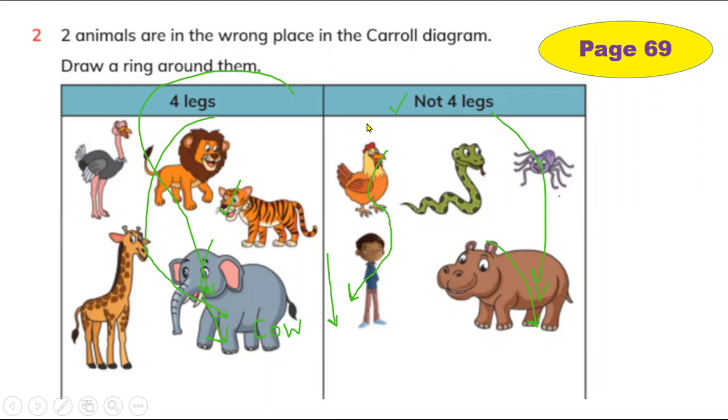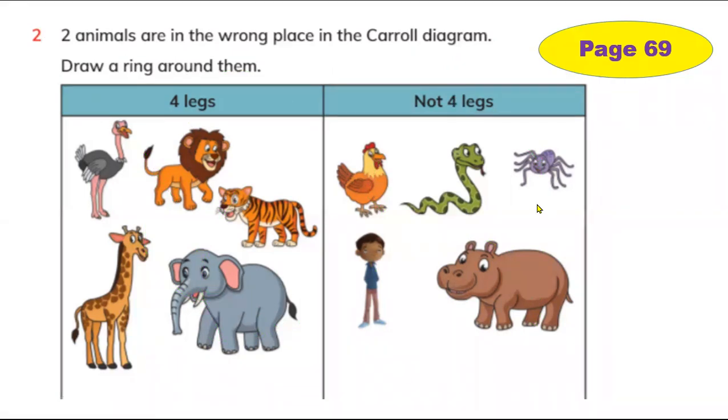Okay, on page 69, there is a second part. Okay, part 2. Two animals are in the wrong place. Okay, look at this Carroll diagram.